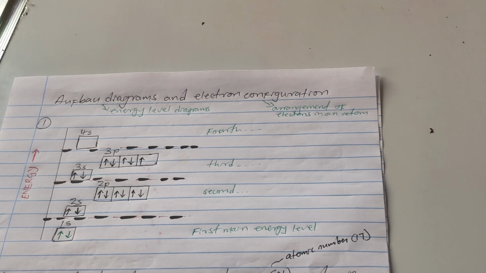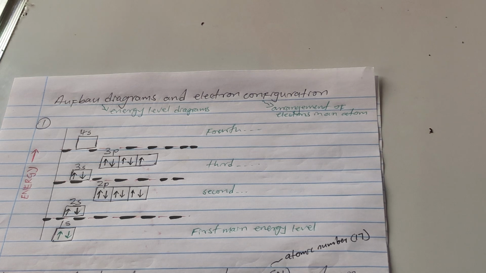We are going to look at Aufbau diagrams and electron configuration. So the Aufbau diagram is the energy level diagram, whereas the electron configuration is the arrangement of electrons in an atom.